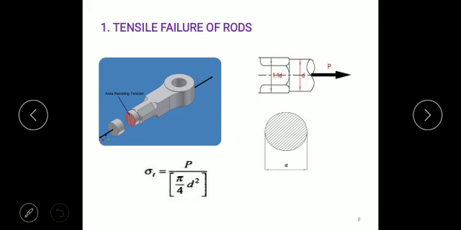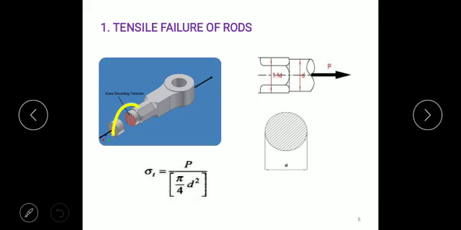Now one by one we'll see the different failures of this knuckle joint. The first dimension we have to calculate is the diameter of the rod. When the knuckle joint is subjected to tensile failure or tensile stresses, the rod dimensions can be calculated. Again it is similar to the quarter joint.